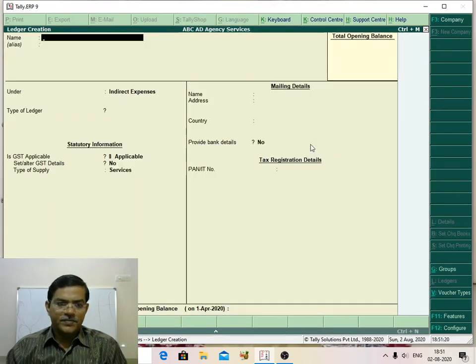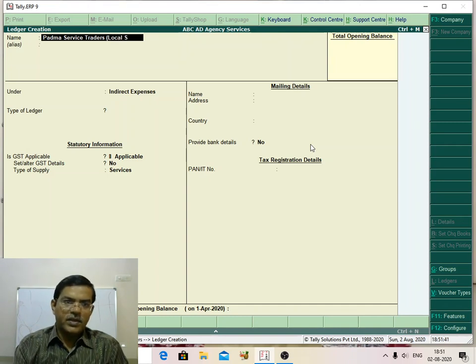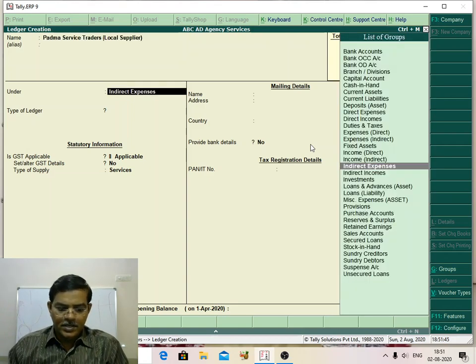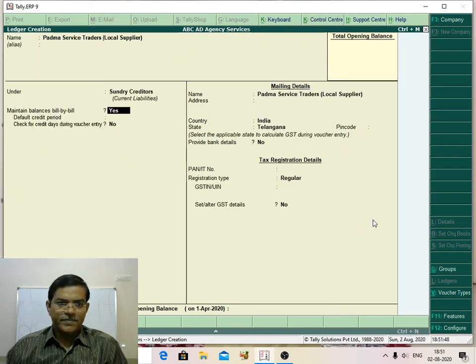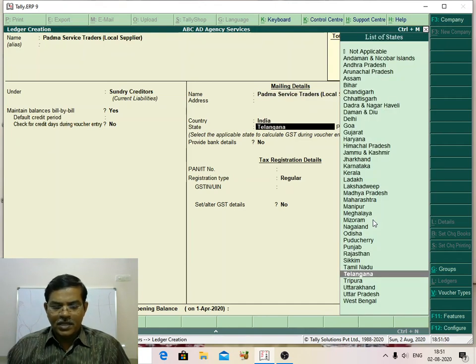Padma service traders local supplier. It is under sundry creditors, and local means Telangana to Telangana. Press Ctrl+A to accept the screen.